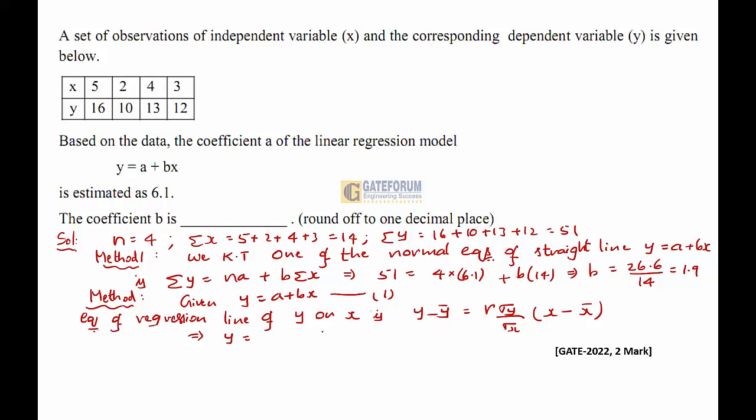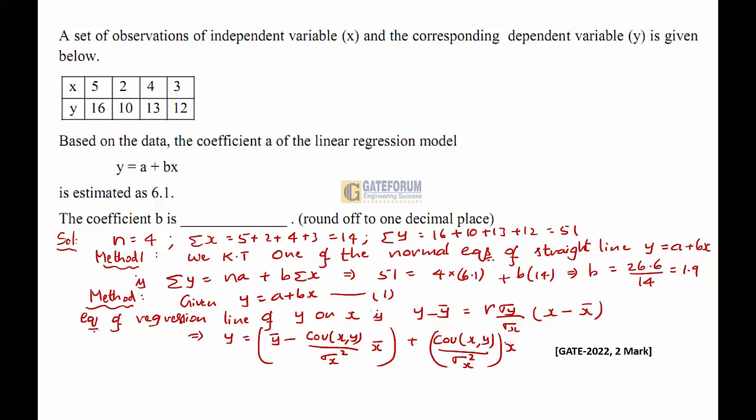So this can be written as the constant term y bar minus covariance of x comma y divided by sigma square x into x bar, plus covariance of x comma y divided by sigma square x into x.